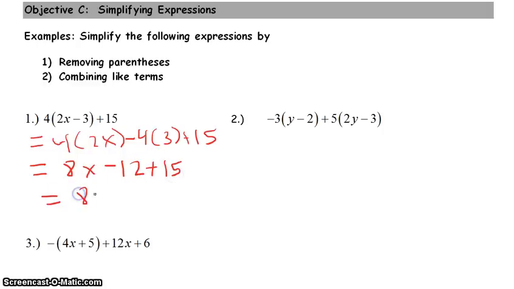We bring down our 8x because there's no like terms, and we add negative 12 plus 15, which will give us a positive 3. There's nothing more we can do here because we do not have like terms. So our final answer is 8x plus 3.